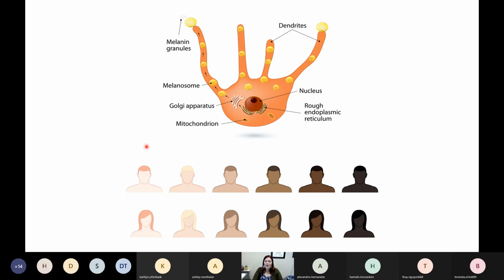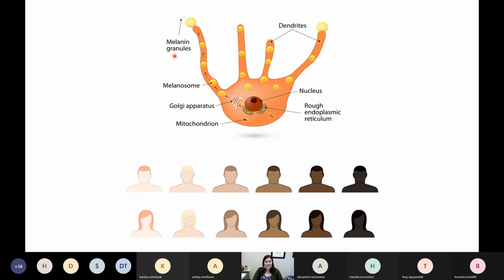Whether you're over here on the fair end of the spectrum, basically translucent skin, like Dr. Allis, or you're over here on the darker end of the spectrum, we all have the same number of melanin-producing cells, but we don't all have the same amount of melanin. Some of our melanocytes are really good at protecting us from UV radiation.